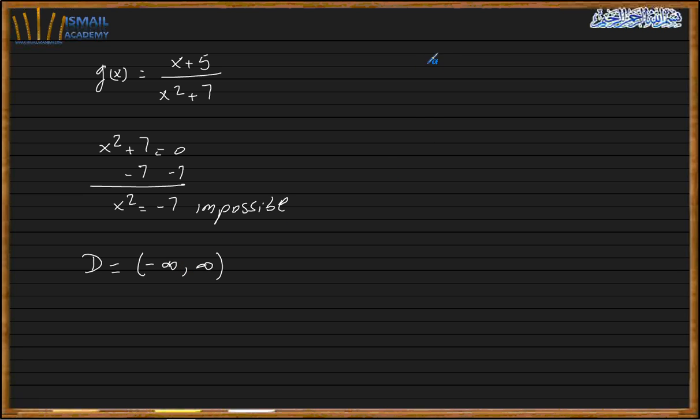Another one. Suppose I have h of x equals x minus 7 over the square root of x plus 4. We know that the inside of the square root must be positive. So this is extra information besides being different from 0. The denominator is different from 0, and the inside must be positive.